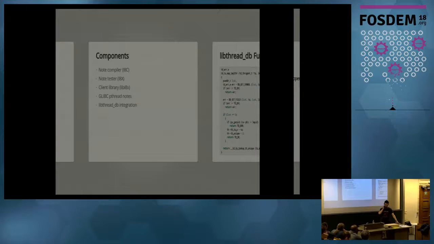So I've now been integrating this into glibc's libthreaddb, so that if you're trying to debug a program using glibc and you load libthreaddb like normal, if your libthreaddb has Infinity support and your glibc has Infinity support, then you'll use Infinity rather than the existing setup.